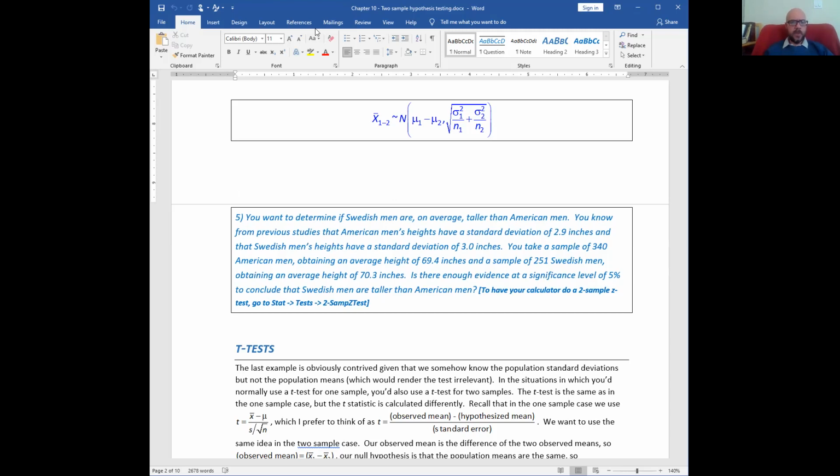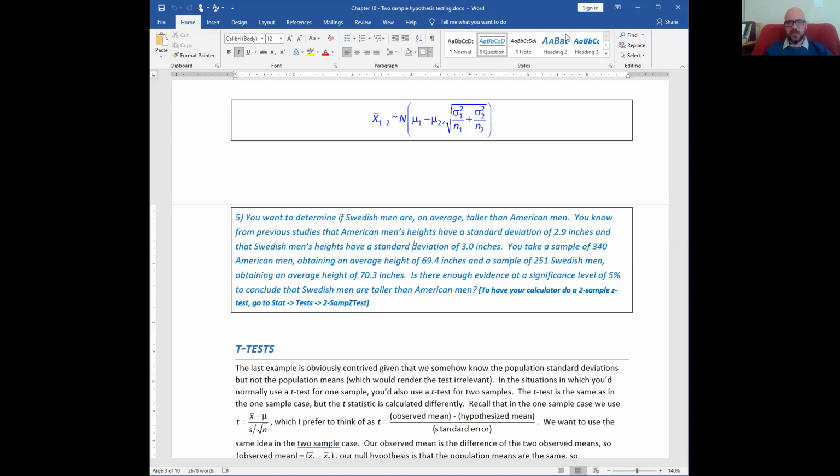So first thing I want to do is find my sampling distribution. Actually, that's not true. The first thing I want to do is label all the numbers and determine what kind of hypothesis test we're doing. I know it's going to be a two-sample z-test because I've got population standard deviations for both. I have both sigmas. So I'm going to label all these numbers.